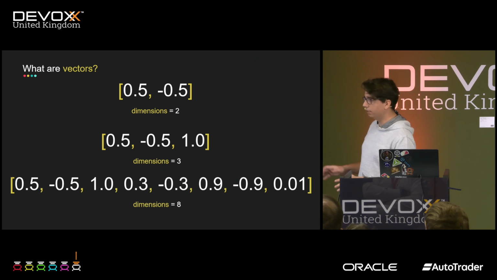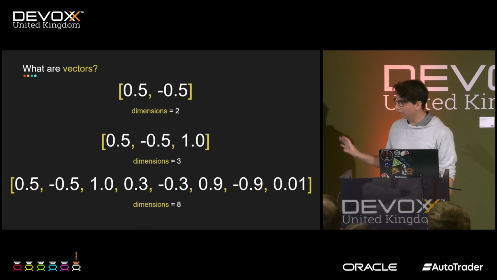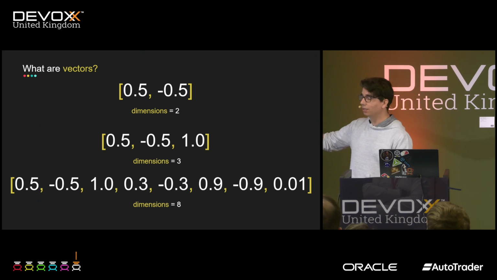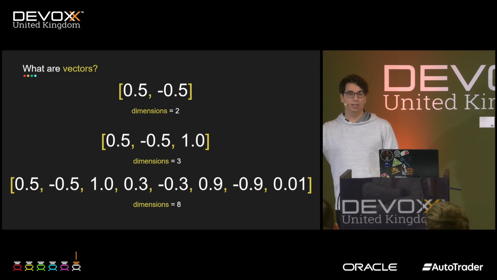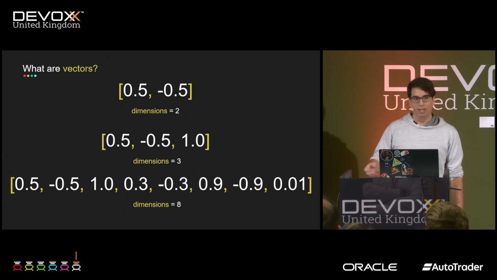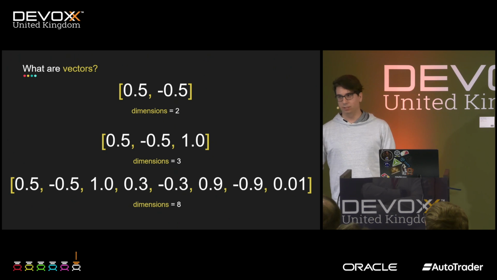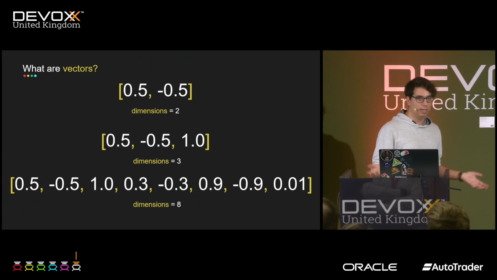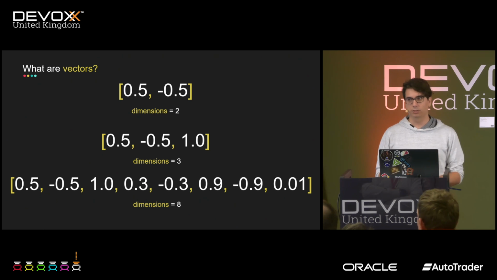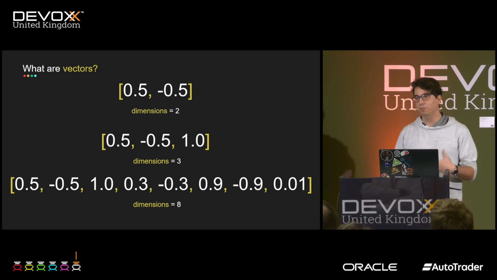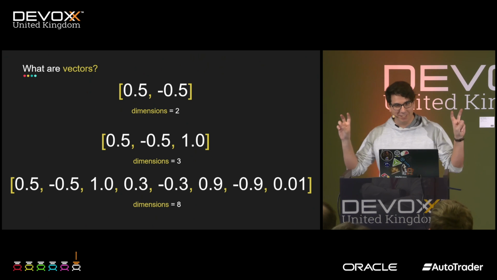Now, I'll just assume you're all programmers here. If you see this, you'll notice you can actually say this is just an array of numbers, right? And the length of the array is the dimensionality. So if you have an array of 8 numbers, you have a vector with 8 dimensions. It's pretty much the same. Not mathematically speaking, but let's say software engineering speaking.